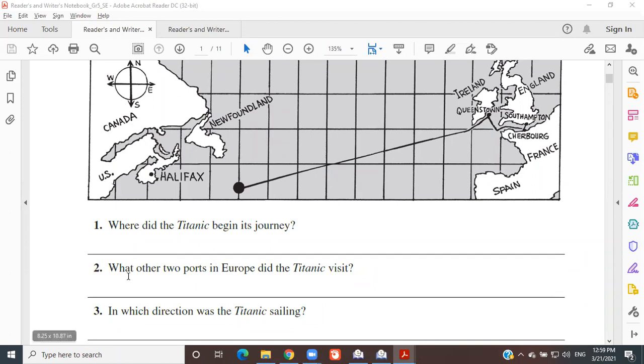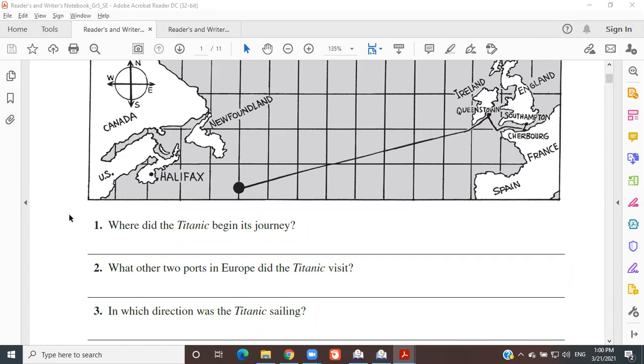What other 2 points in Europe did the Titanic visit? Cherbourg and Queenstown. Queenstown. Very good. Amazing.